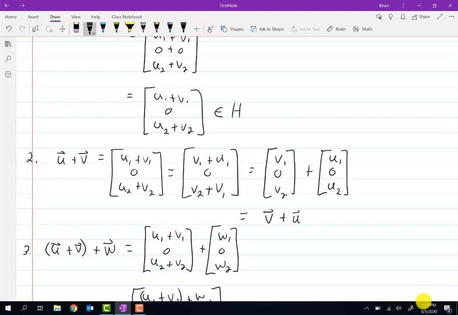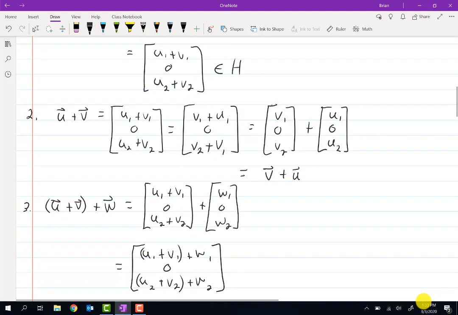It was more a property of the vector space R3. R3 was responsible for all vectors inside of it commuting. So whether it's in H or not doesn't even matter. These happen to be in H, and we know that their sum is in H, but the fact that they commute, that was really a property of R3.